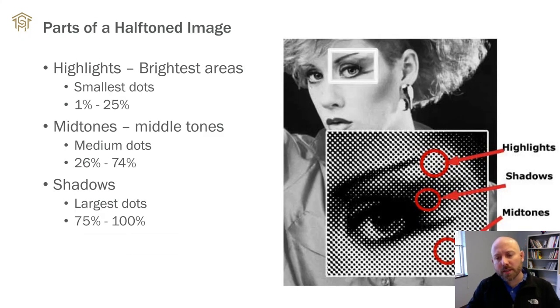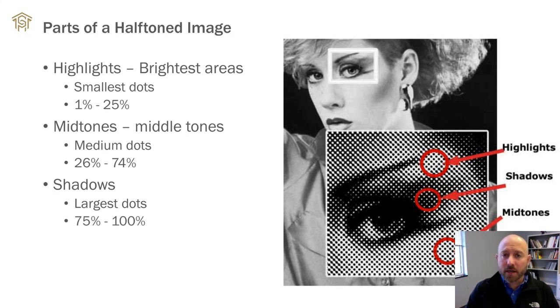When we look at a photographic image that has been output to a halftone, there's generally three areas of an image that we'll look at. We have the highlight areas, which are the brightest areas of the image, and those are going to be represented by the smallest dots. Generally this area coverage is about 1 to 25%.